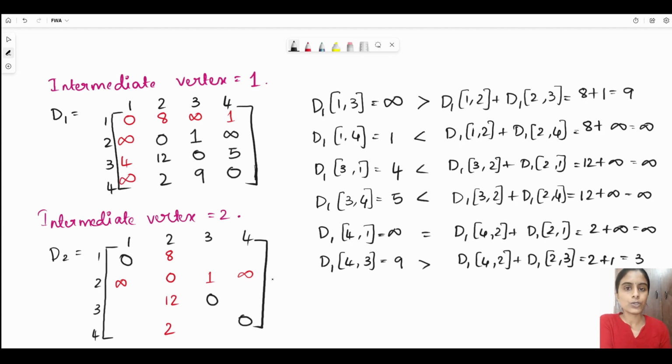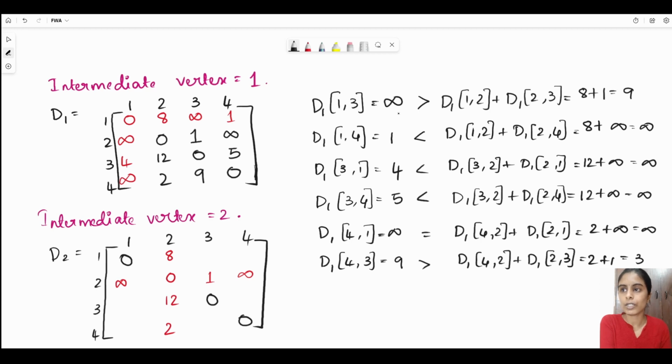Now, since there are no self loops in our diagram or in our graph, the diagonal entries are all 0. So therefore, the diagonal entries are 0 in my D2 matrix as well. Now, for the remaining entries, we do the same process as we did for D1. So first, we are looking into D1 of 1, 3.